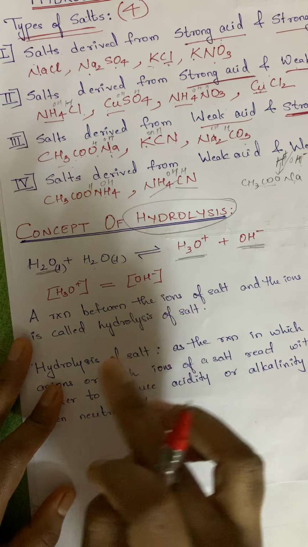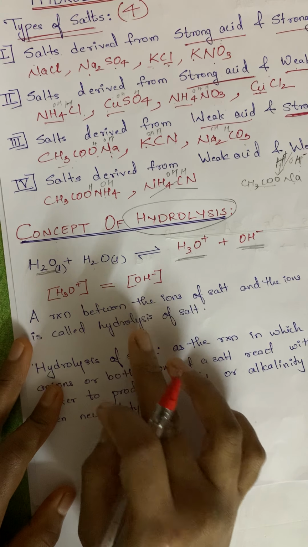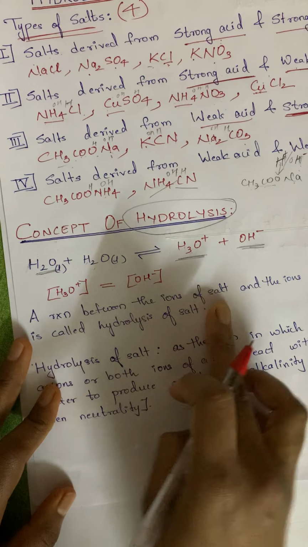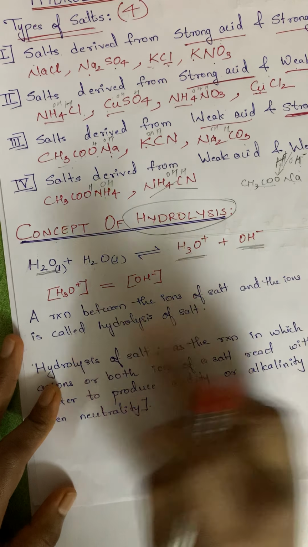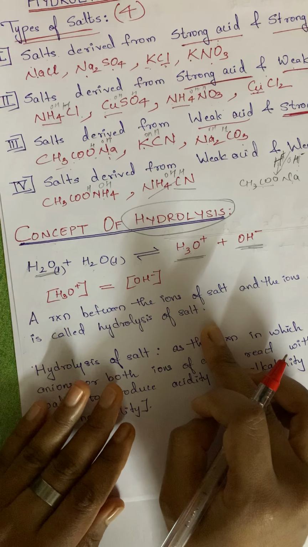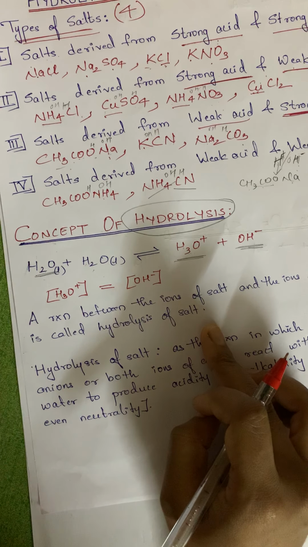Such a reaction is said to be hydrolysis of salt. A reaction between the ions of salt and the ions of water is called hydrolysis of salt. That means the salt which is added will react with water molecules, which is nothing but hydrolysis.